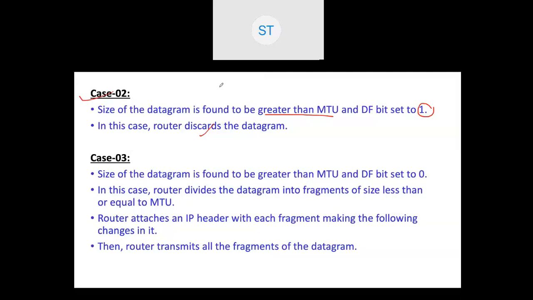Case 3: the size of the datagram is greater than the MTU and the DF bit is set to 0.